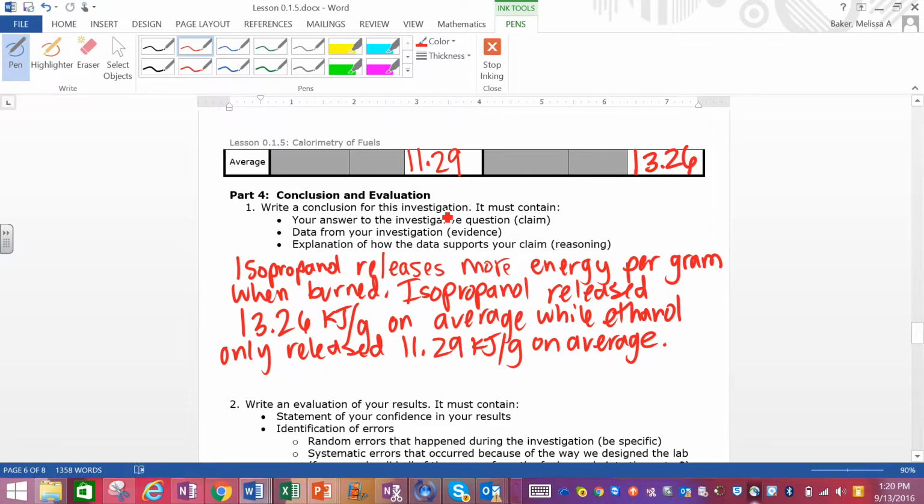And then explanation of how the data supports my claim here.